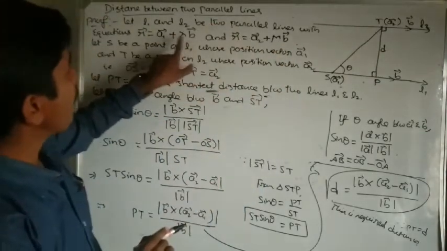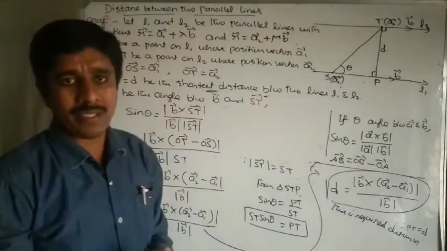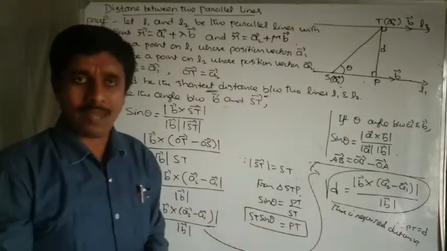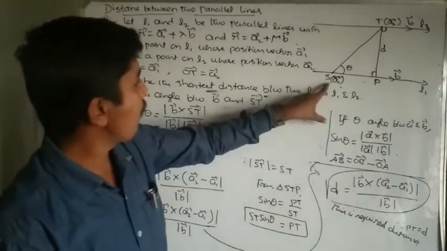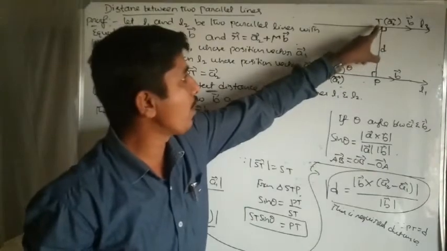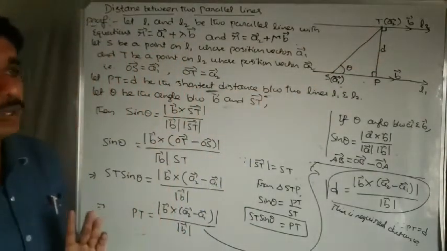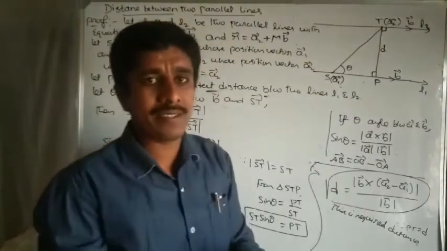In these two equations vector B is the same because it is parallel to both lines, as L1 and L2 are parallel. Position vector of S, vector OS equal to vector A1, and position vector of T, vector OT equal to vector A2. Next, let PT equal to D. This is the distance.